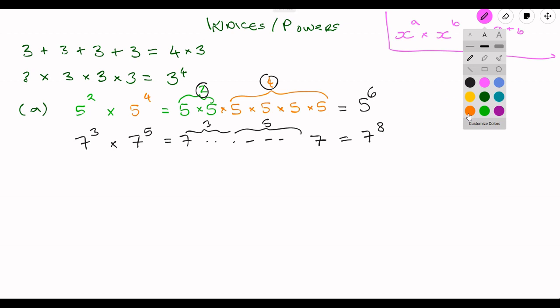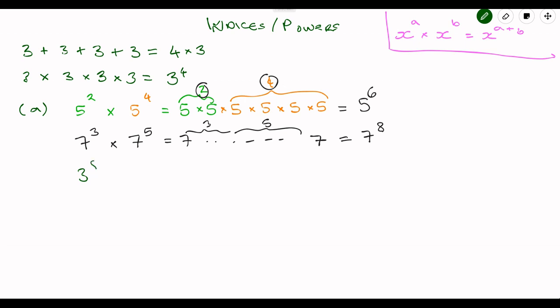Okay, and those bases do need to be the same. That's quite important. So if you had 3 to the power of 8 times 4 to the power of 2, we can't really do anything with that. It has to be the same base. So I'll just show you one more example before I set you some questions.